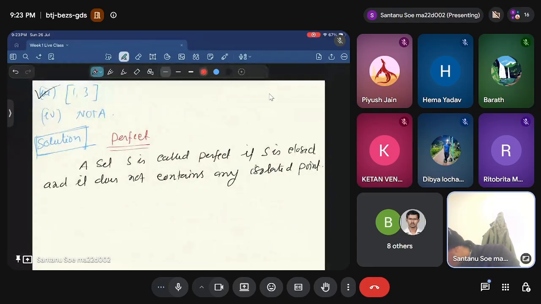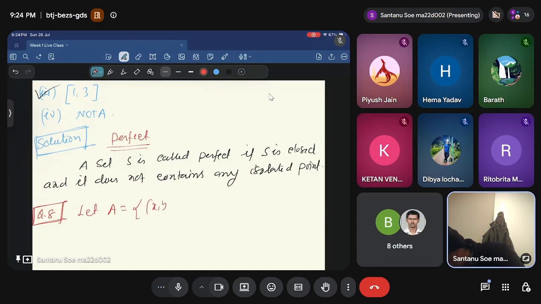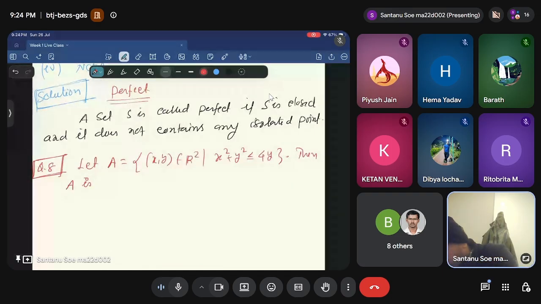Question number 8. Let A equal to the set of x comma y in R2 such that x square plus y square less than or equal to 4y. Then, now can anyone tell me what A is?